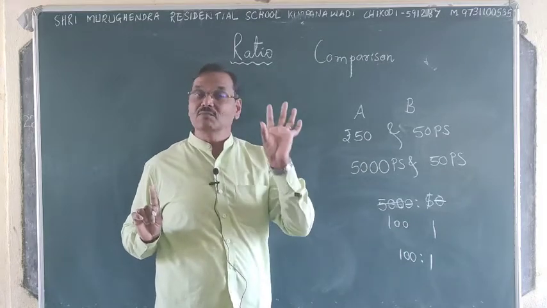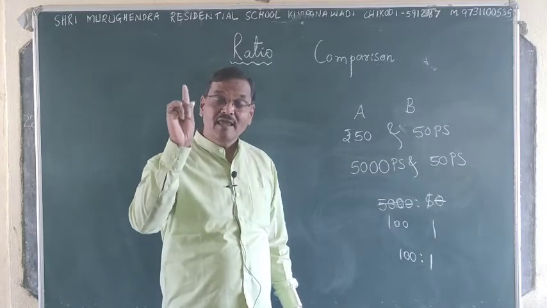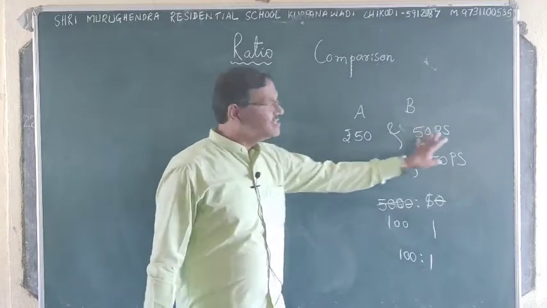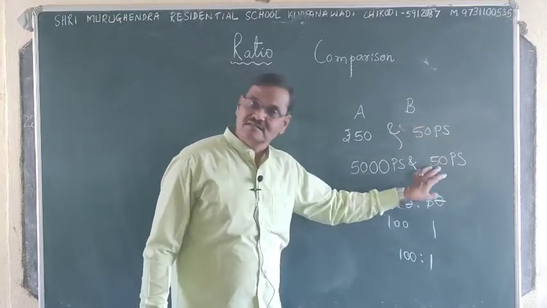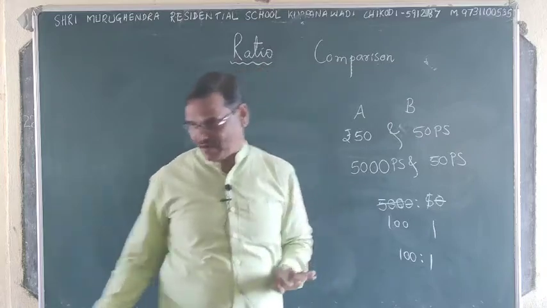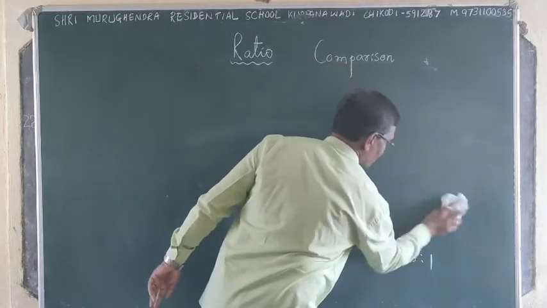Second rule is the simplest form should be written. We should not put any explanation here. And if they are not in the same unit, we have to make the same unit. These are the 3 things you have to remember.